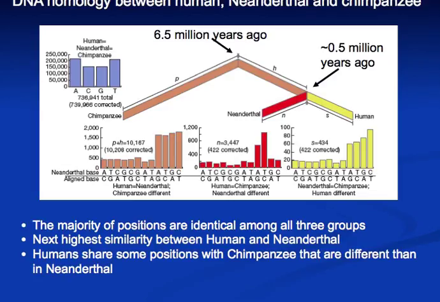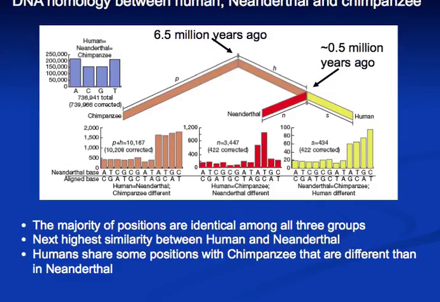Our common ancestor with Neanderthals existed about 0.5 million years ago, so much more closely related. And the diagram here shows you this relationship, looking at individual bases at some particular single nucleotide polymorphism sites, different areas where you can tell the difference between humans and Neanderthals and chimpanzees.